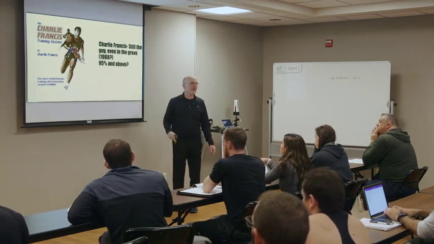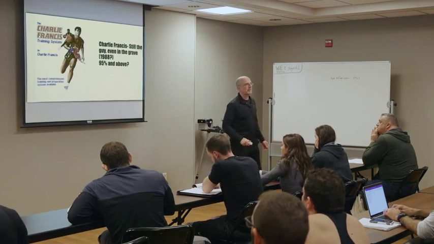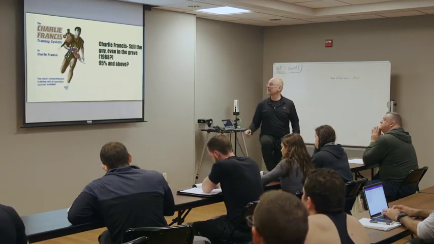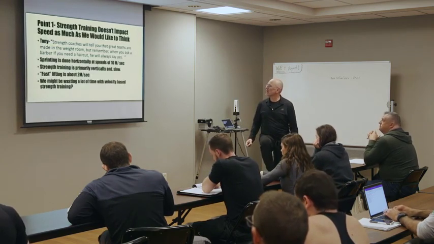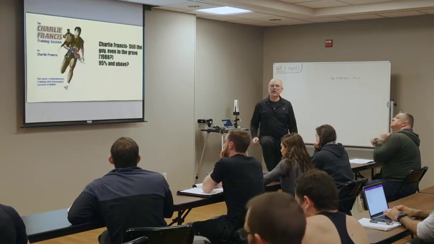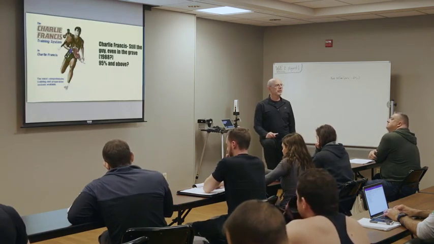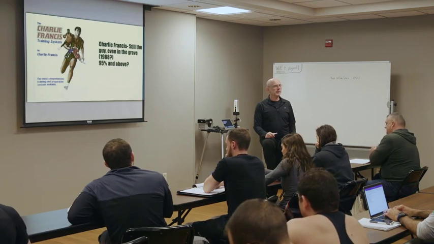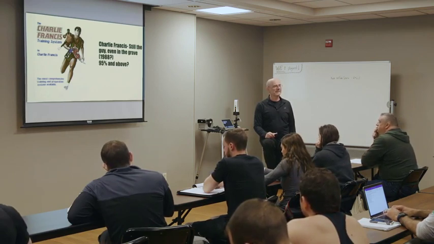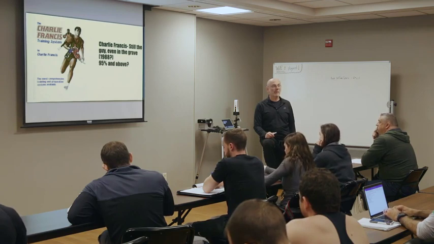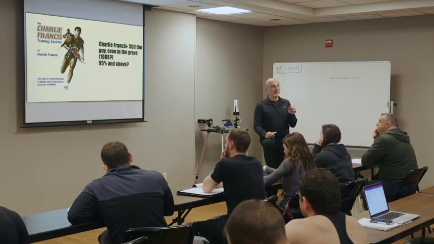But this was the thing that Charlie said, 95% and above. And what you don't realize, and did I do it here? No, I didn't. I thought I did the math. But when you look at the math, the difference between 90 and 95% is significant. 5% is really significant. It's significant on the timer, particularly when the timer is sensitive to 0.01 seconds.